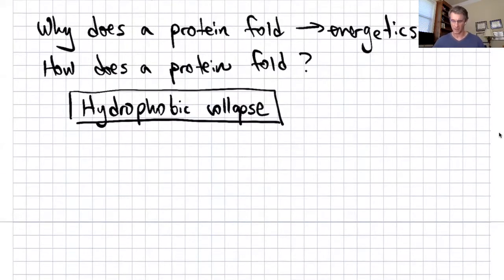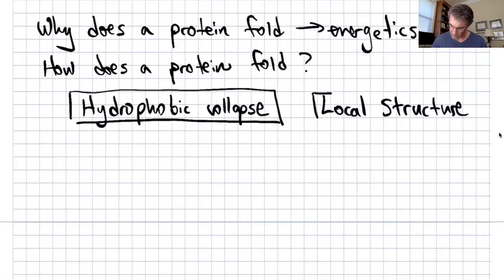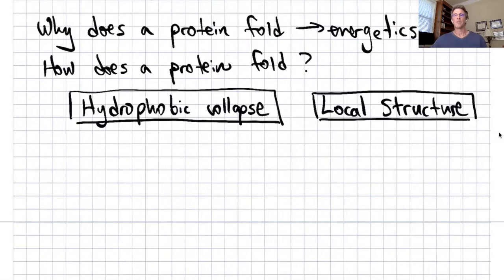We'll come back to that in just a second. The other thing that happens is local structure formation. So think beta turns, alpha helices. These are the two things that happen at the earliest possible stages of folding.